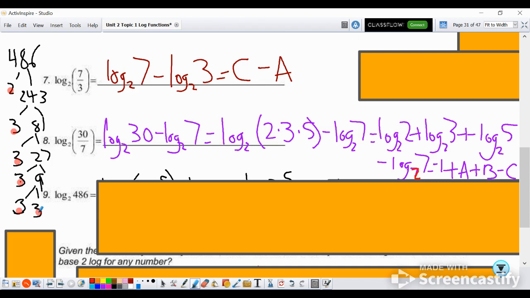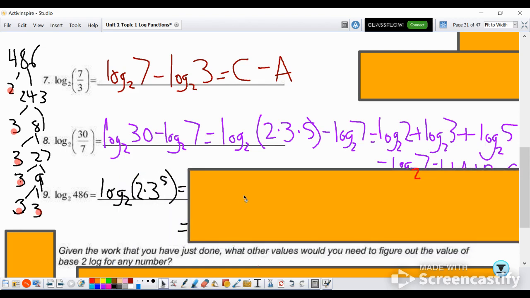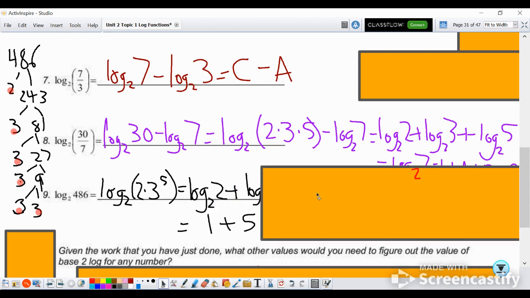So that's going to be 3 to the 5th power times 2, which is what we're going to change the argument to. Once we change the argument to that, we're going to use our product rule to change it to log base 2 of 2 plus log base 2 of 3 to the 5th power.